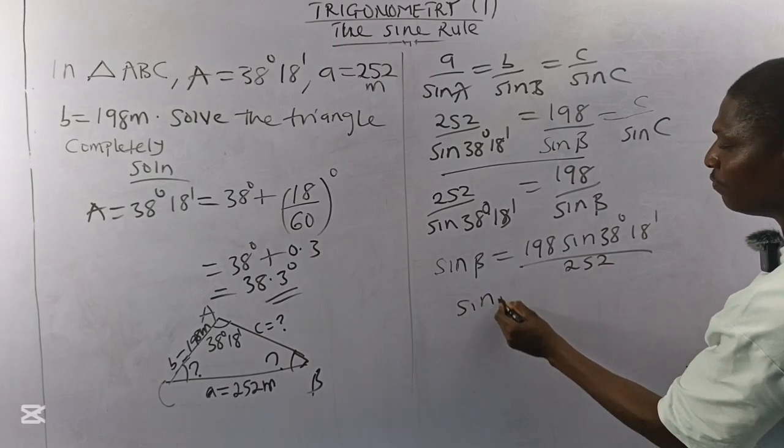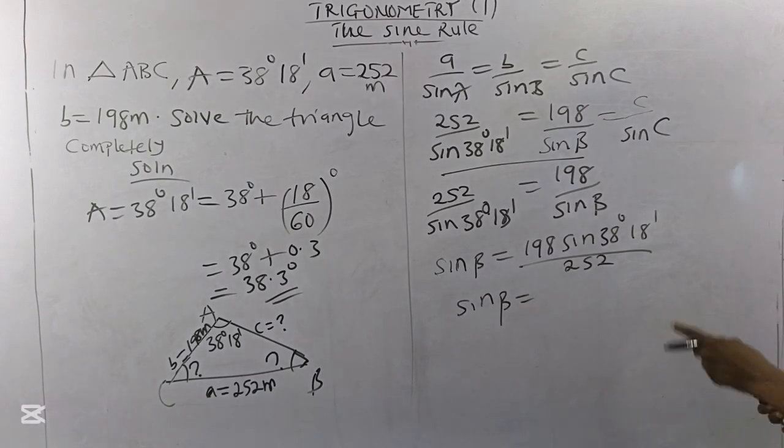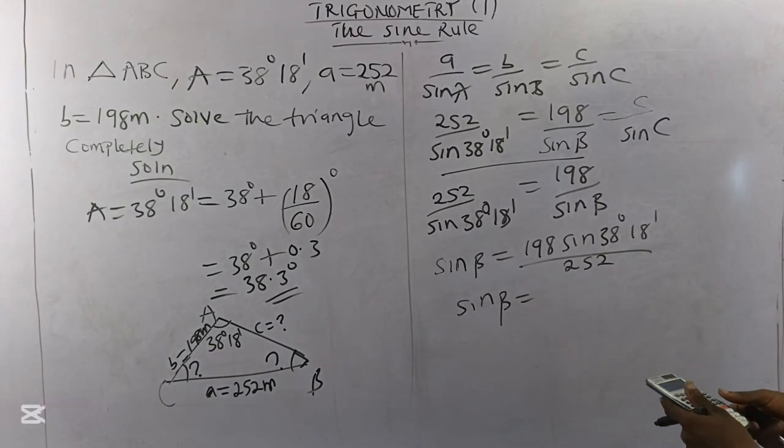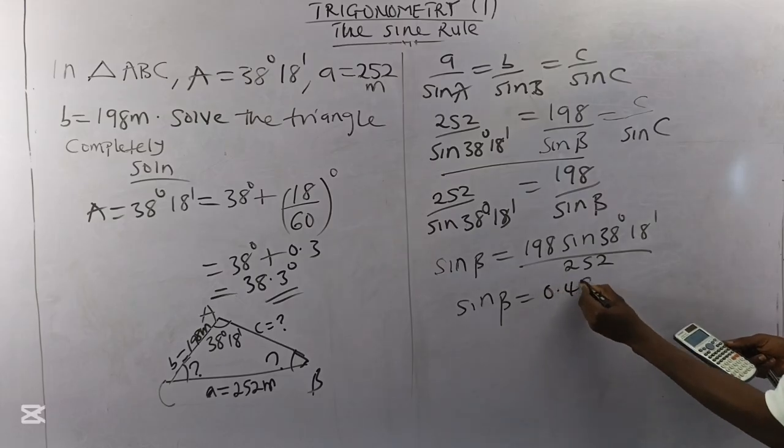So I have my sine B, which must be equal to a value less than 1. 198 sine 38 degrees, 18 minutes equals 122.716. So I'll divide by 252 and I'll have 0.487.